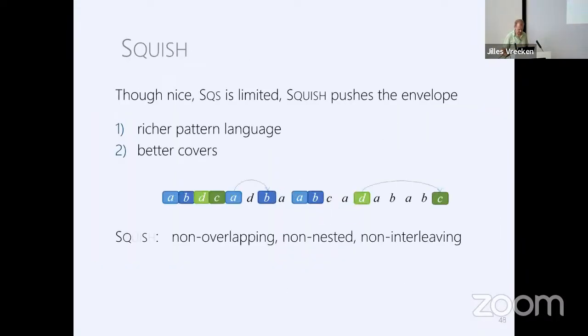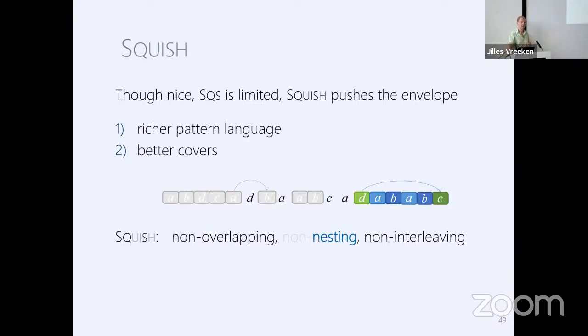Where were we? Non-overlapping, non-nested, non-interleaving. In the new algorithm, we allow, first of all, nesting. Nesting, if you think about it, is already quite easy.